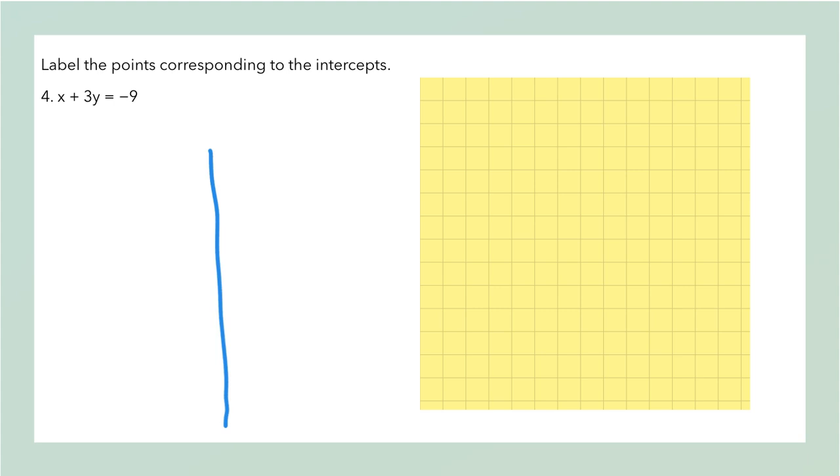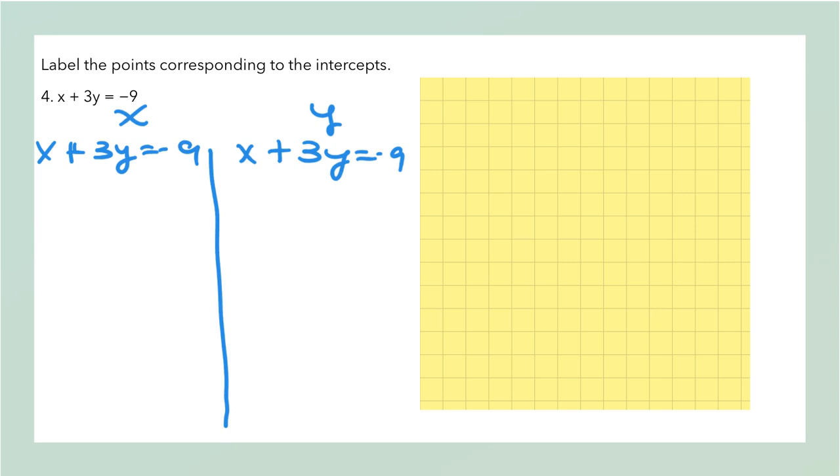So we're going to have x plus 3y equals -9. Let me write it a little bit nicer over here. x plus 3y equals -9, and x plus 3y equals -9. We're going to have this stand for the x-intercept and this for the y-intercept, correct?